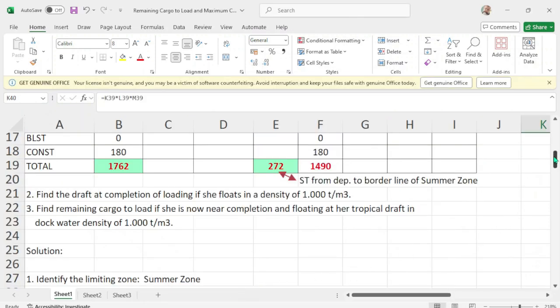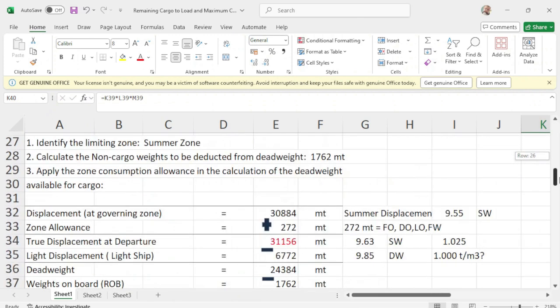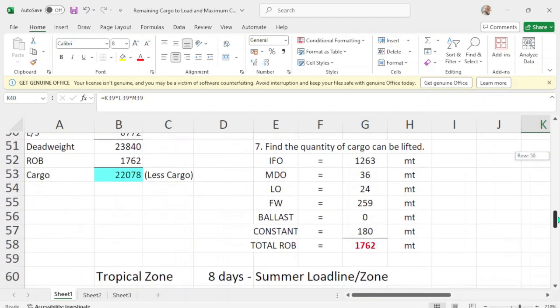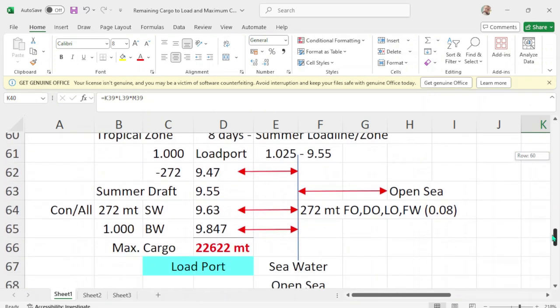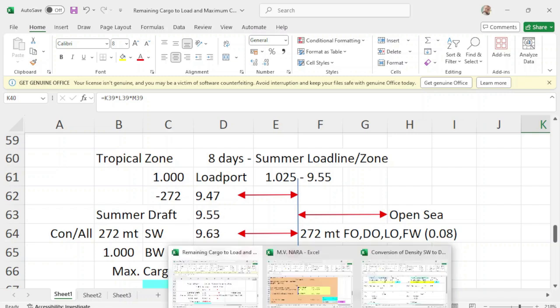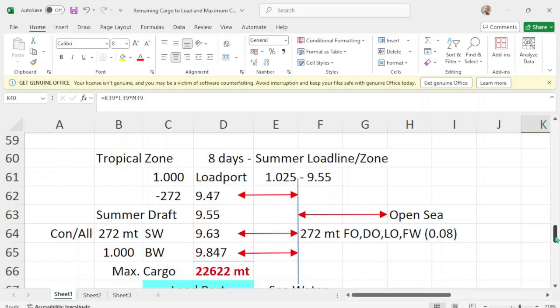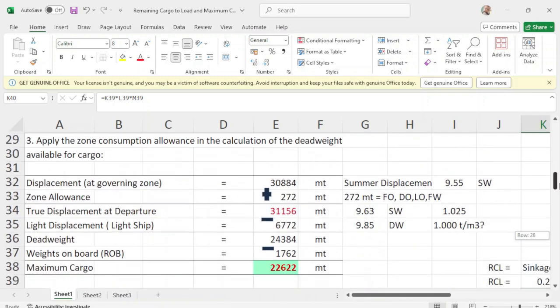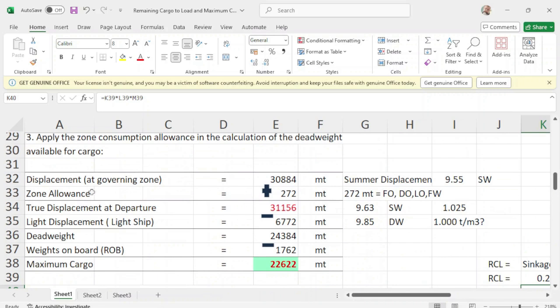So that's it, guys. We have covered all the questions here. And this one, guys, I also want to explain. By the way, our summer drop is 9.55, which is this one.